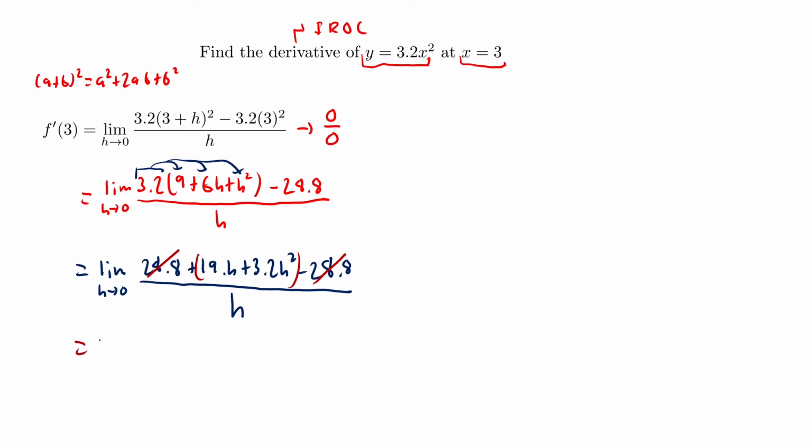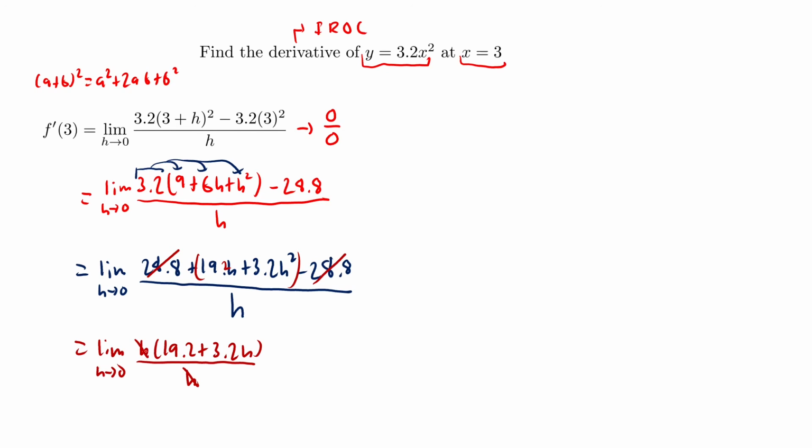So when we do that, and it's always important that you keep writing this limit out front, that's supposed to be a 19.2h there, so make sure you put that in. So that's going to be h times (19.2 plus 3.2h) over h. And then the h's here are now going to cancel.